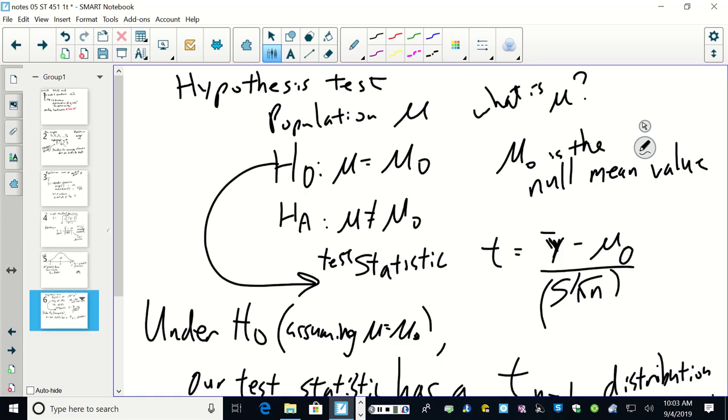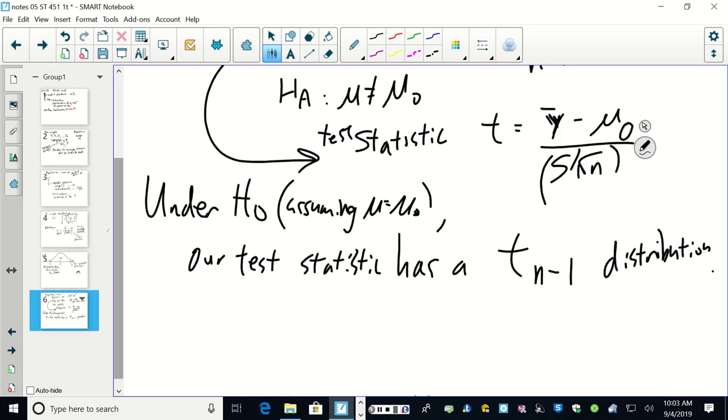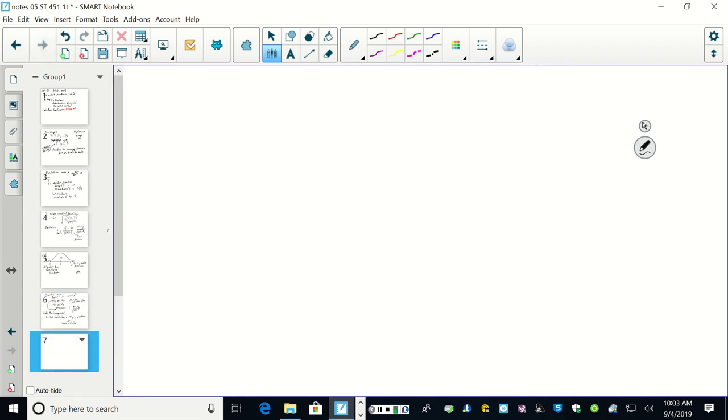So based on that t-distribution, we're going to compute a p-value. We're doing the evaluation. So on the next page, we'll write down the formula, the symbols for computing that. So we calculate a p-value.